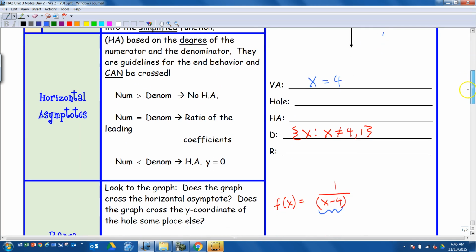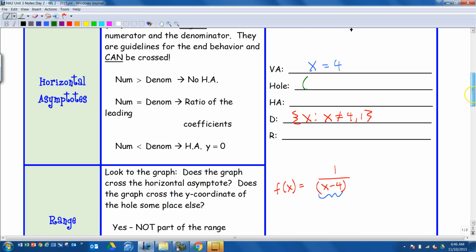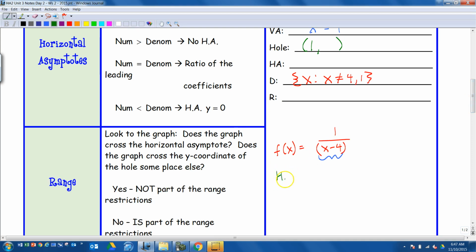Okay. Now the other thing we have is a hole, because something canceled out. What canceled out? It's the other piece of the domain. The x minus 1 cancels out, which means that at the x coordinate of 1, there's a hole. To find that, you have to plug in 1 for x into the simplified version.